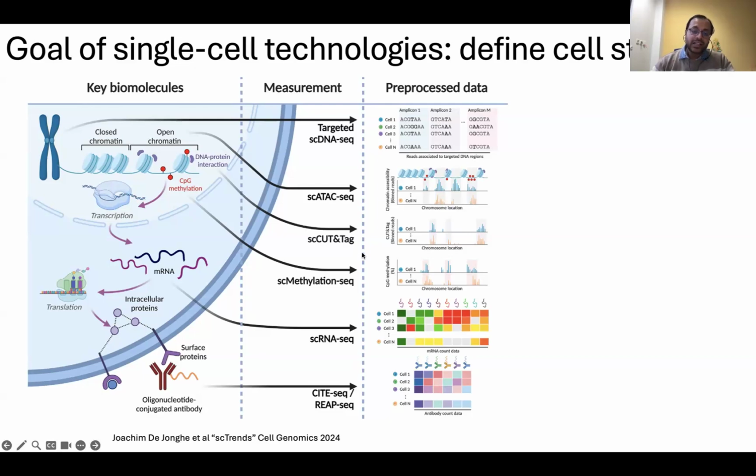Single cell CUT&Tag captures the binding of DNA and protein. Single cell RNA-seq captures which RNA is present in the cytoplasm, and CITE-seq captures the binding of proteins on the cell surface.